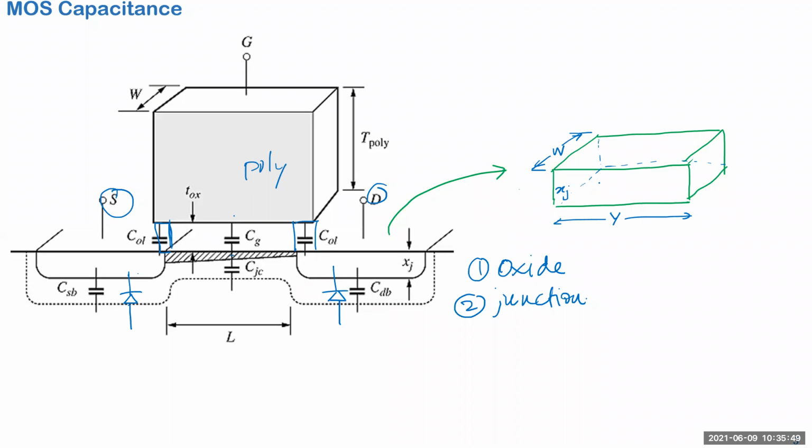I've shown the 3D version of the source and drain junction here, and the cap is given by the bottom plate cap times the area of the bottom plate, plus the perimeter times the sidewall cap, because they have different coefficients. Usually in the process model, you'll find different coefficients for it. It's a little more complicated than this, but in principle it's the same.